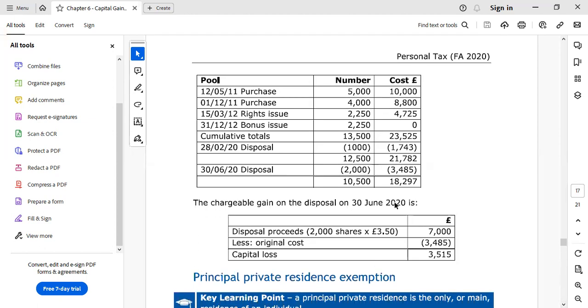It is 2,000 shares multiplied by 3.50. The disposal proceeds are £7,000 and the original cost was 3,485, and the capital loss is 3,515. So this is the end of our topic today, and hopefully you have learned something new.